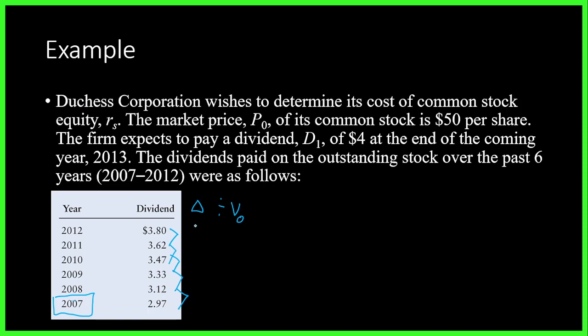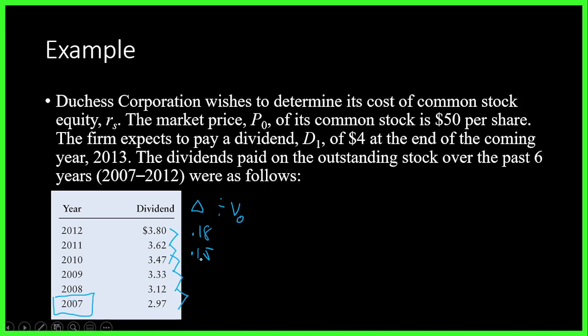This one will be 0.18. Okay, so you have 0.18 and then 3.62 minus 3.47 equals 0.15. This is not the growth rate yet. Papakita ko lang sa inyo kung paano po na-compute.